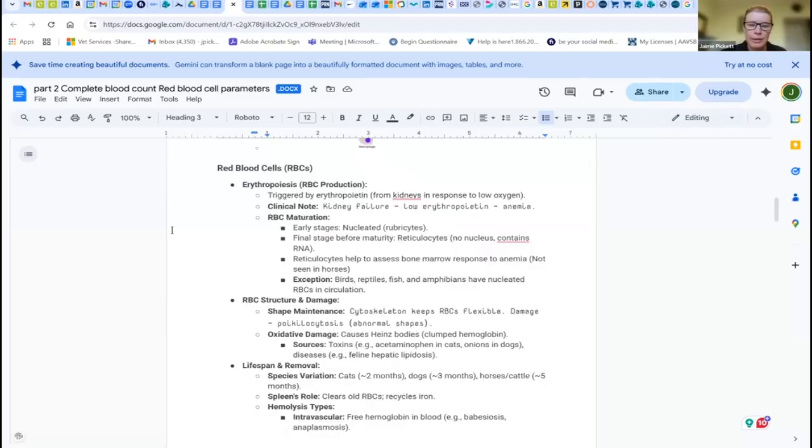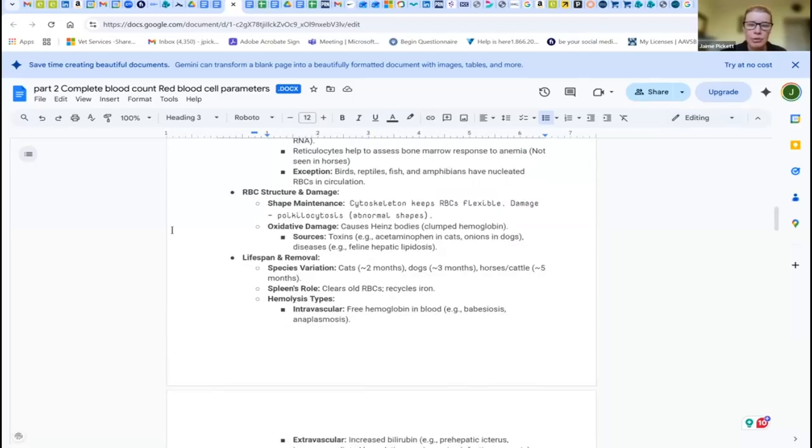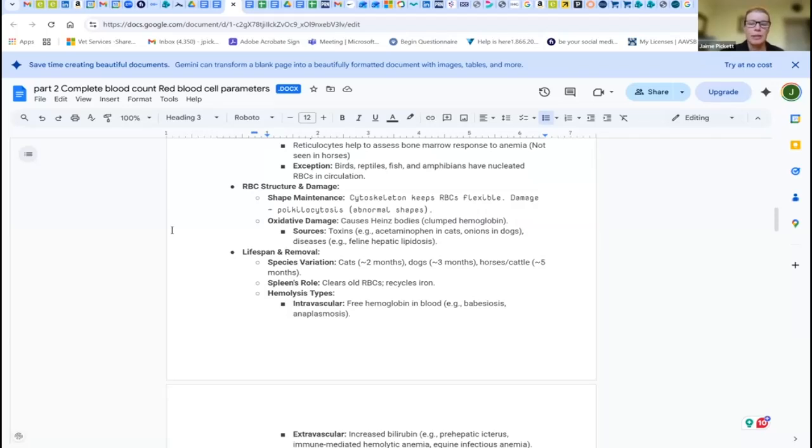So, red blood cell structure, damage, and lifespan. Red blood cells are designed to be flexible. Their cytoskeleton helps them squeeze through tiny capillaries. When that structure gets damaged, you start seeing oddly shaped cells.